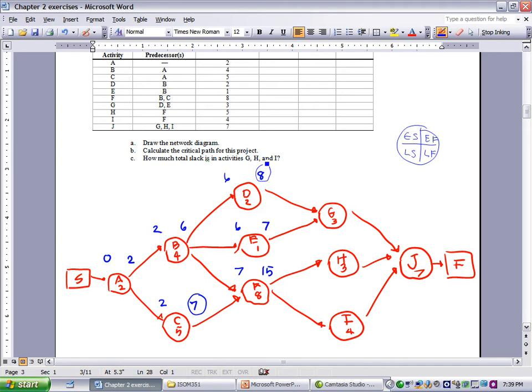We pick the larger one, which is 8, 11. For H will be 15, 18, 15, 19, like that. All activities come down to the last activity.